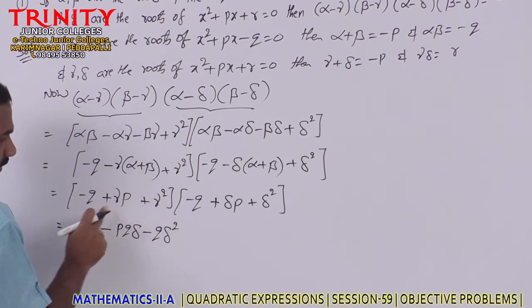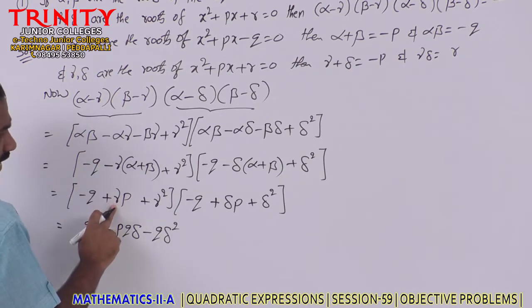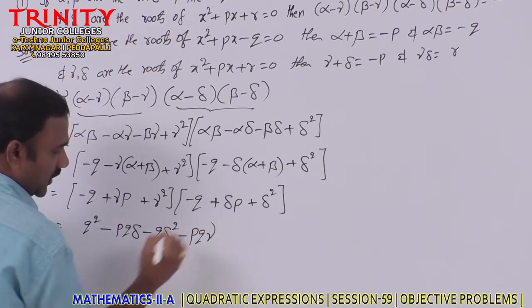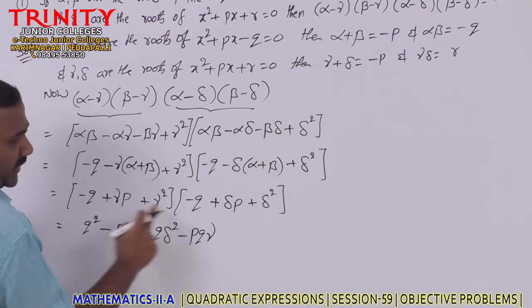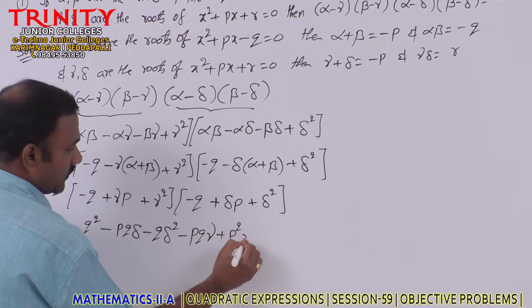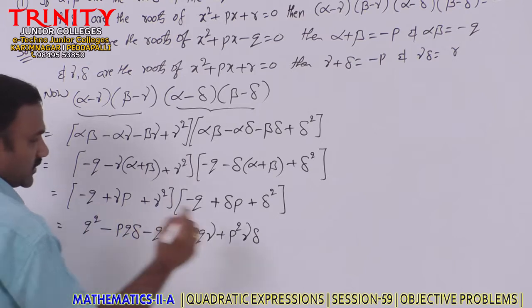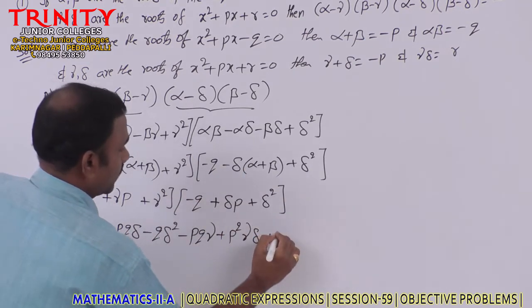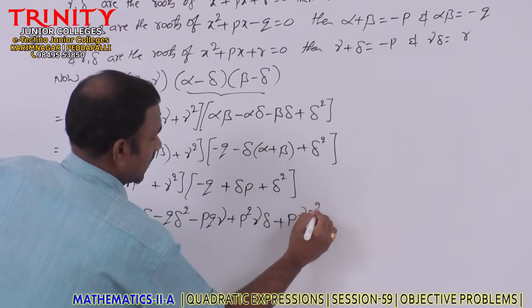Then now we'll multiply with gamma p: into minus q, minus pq gamma; p into delta, p square gamma delta; and then next plus gamma p into delta square, p gamma delta square.